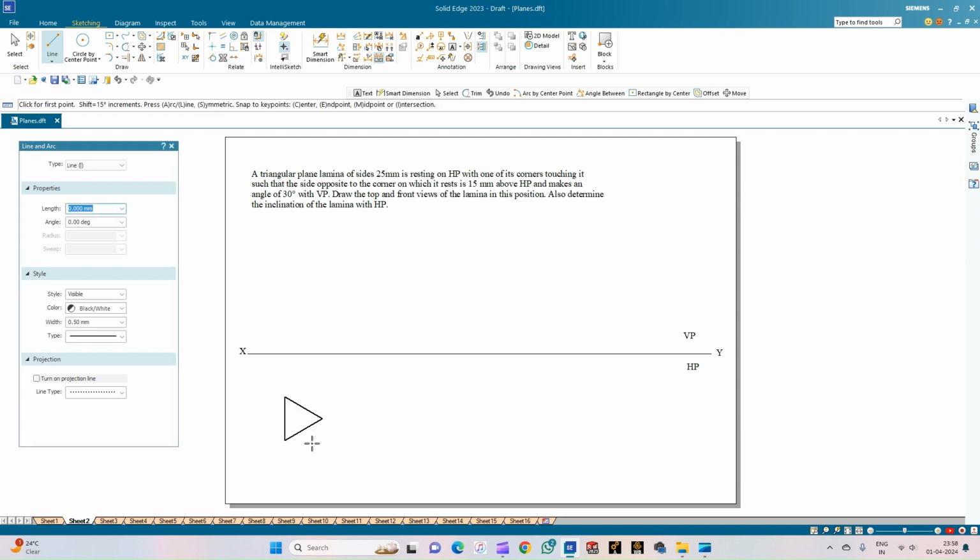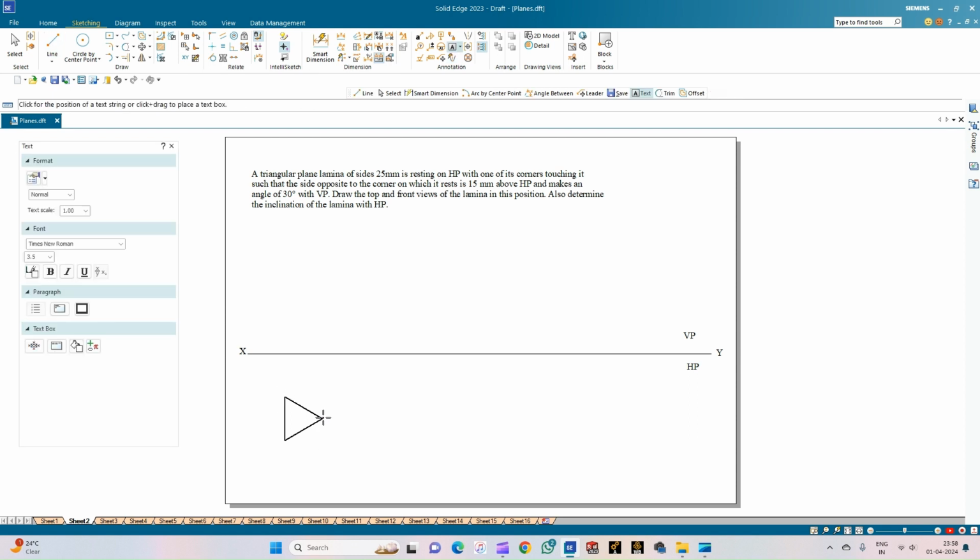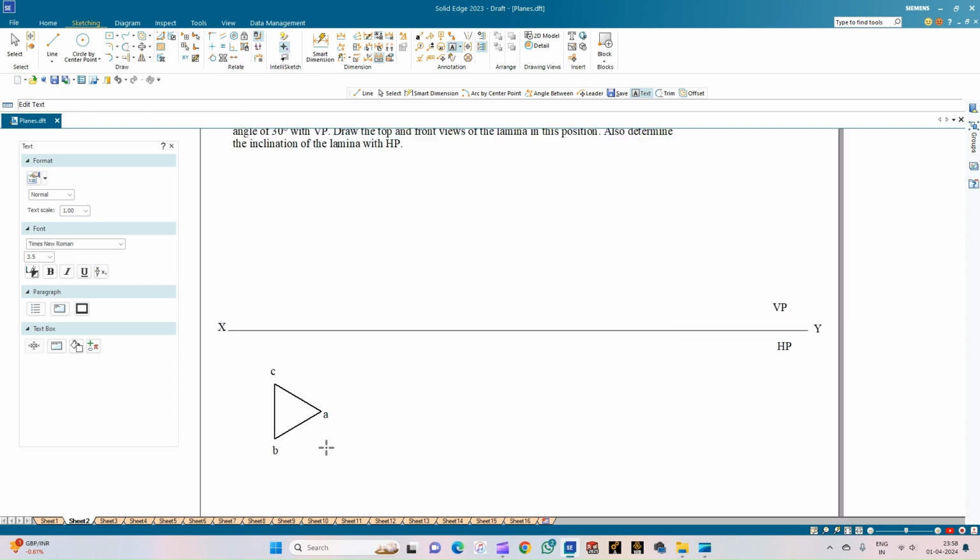This is the triangular plane which is resting on one of its corners. Towards the right hand side of the observer, the corner is visible. So let us annotate this triangle as A, B, and C. These are the three corners of the triangle.